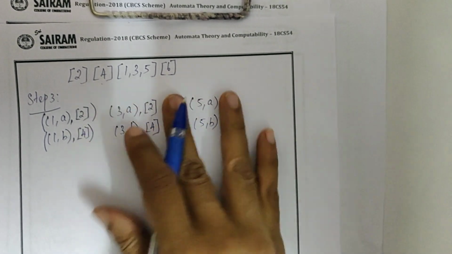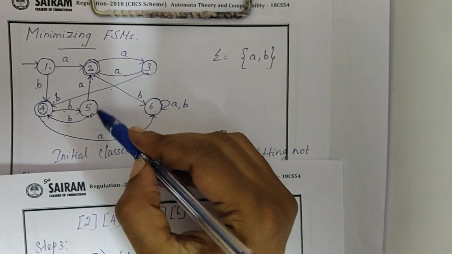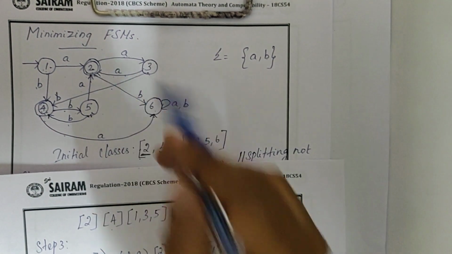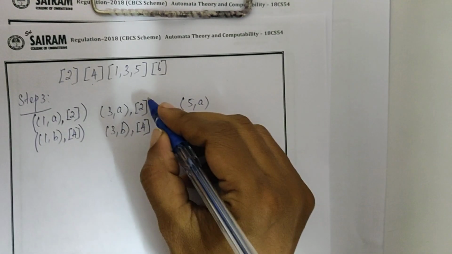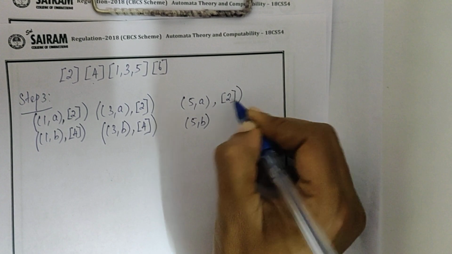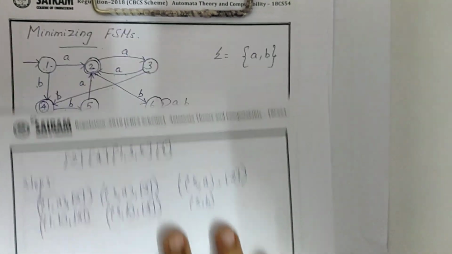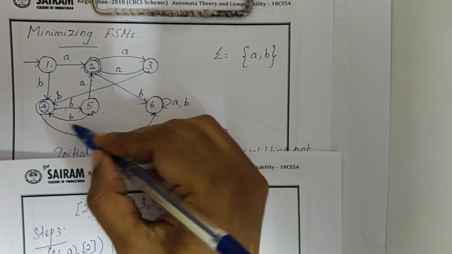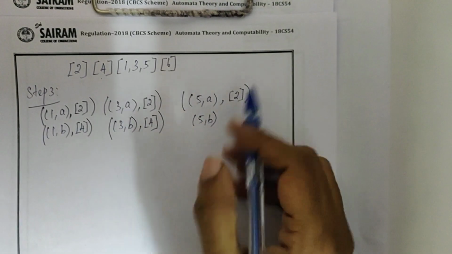Next 5, on A input it is coming to 2. 5 on B input, it is coming to 4.